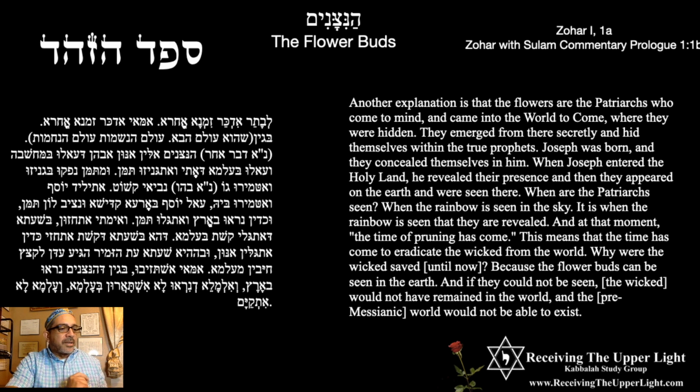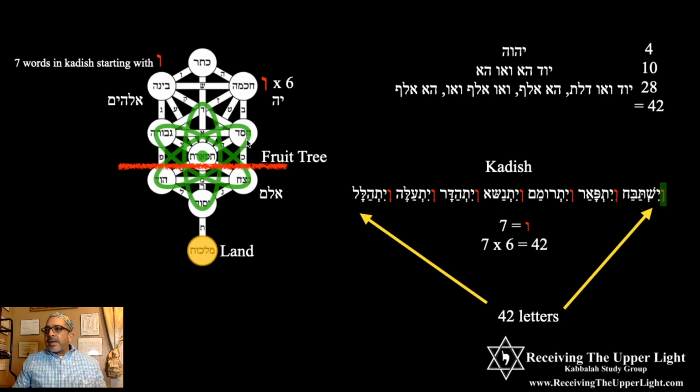Another explanation is that the flowers surround Haggad on Zeir Anpin. Haggad is basically Chesed, Gevurah, and Tiferet. Okay, the flowers are the patriarchs who came to thought or mind and came into the world to come.